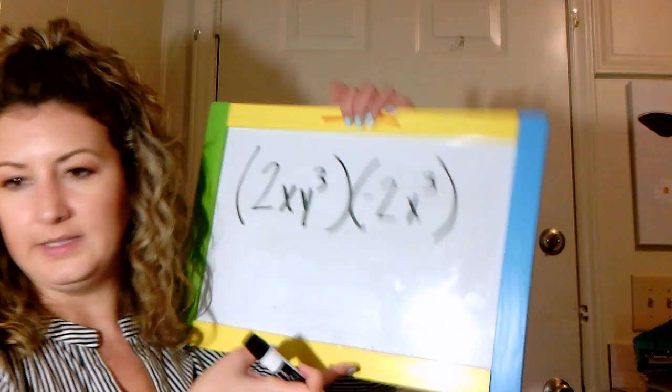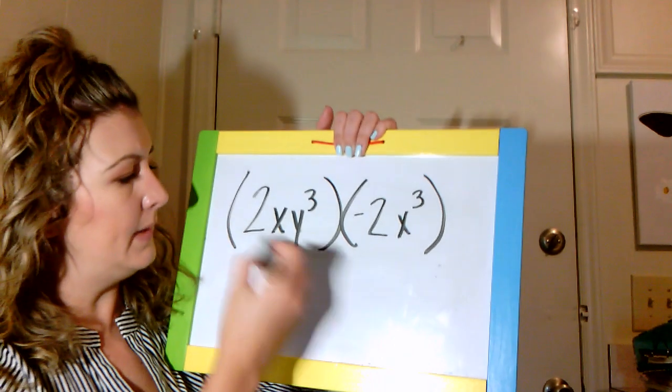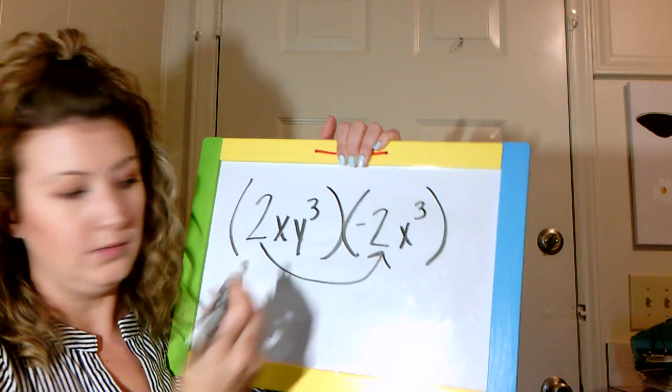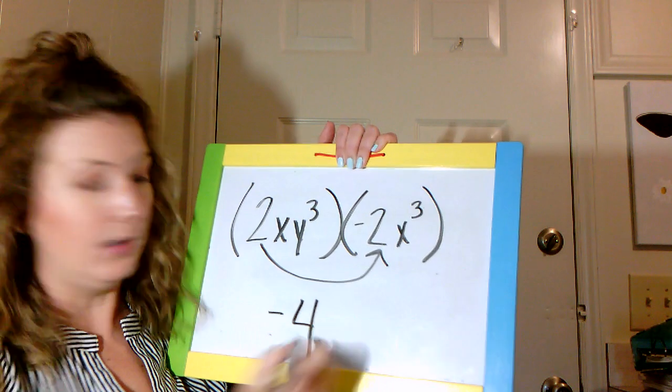So, this. Multiply your coefficients. What is 2 times negative 2? Negative 4.